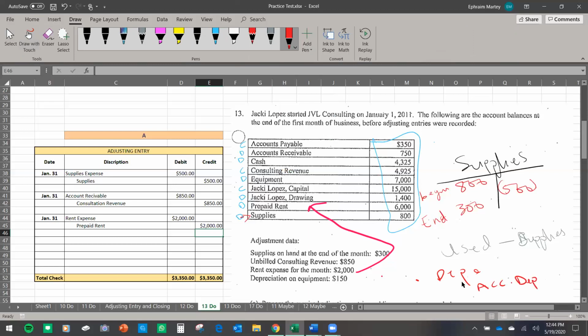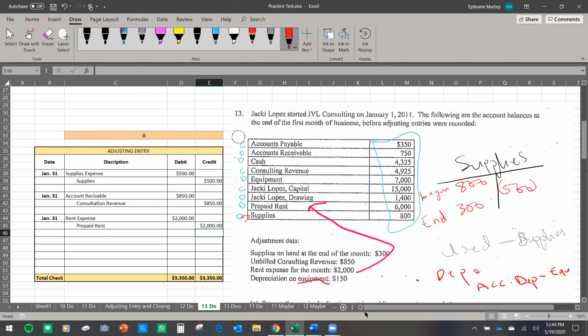Now think about it: accumulated depreciation is a contra asset. What asset is it contra to? It is contra to equipment. It says right there. So you know it is contra to equipment.